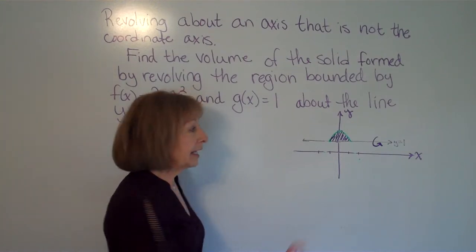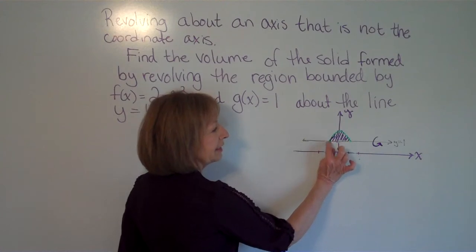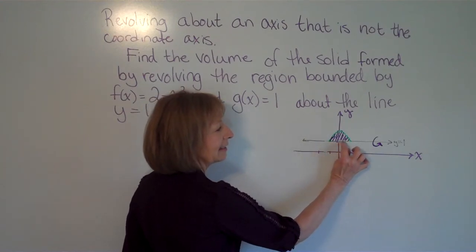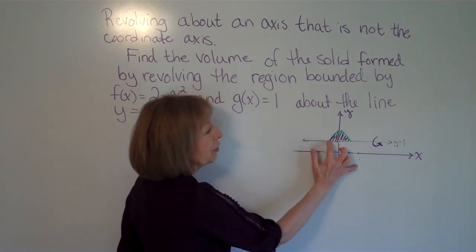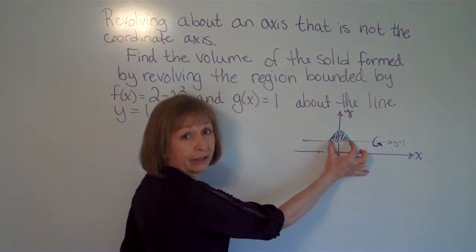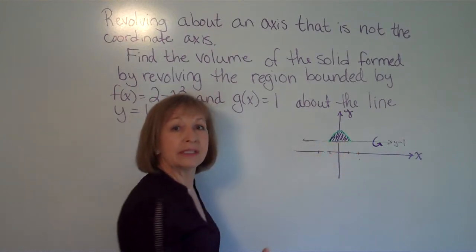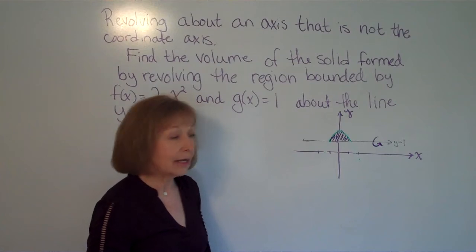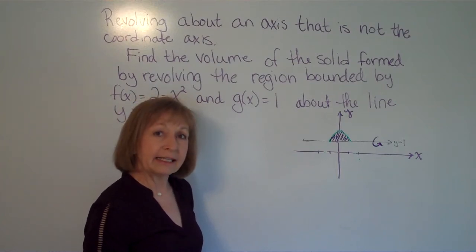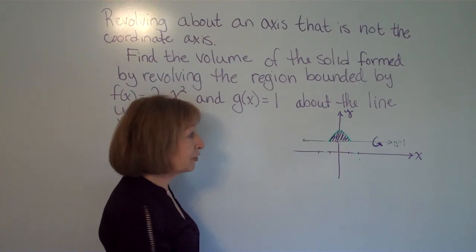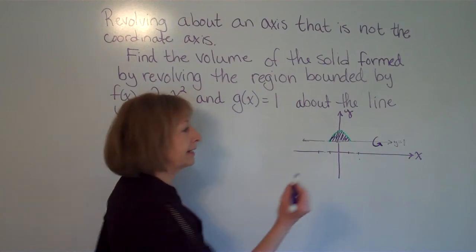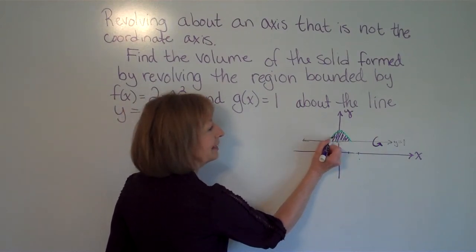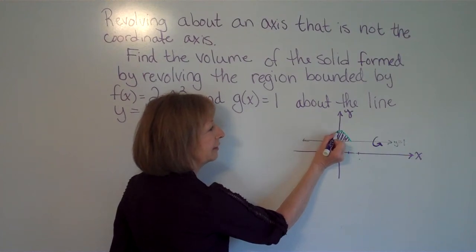And remember, if you have the region tight against the axis of revolution throughout the entire interval, then we can use the disk method in order to find that volume, especially if I'm running my subrectangles perpendicular to the axis of revolution.